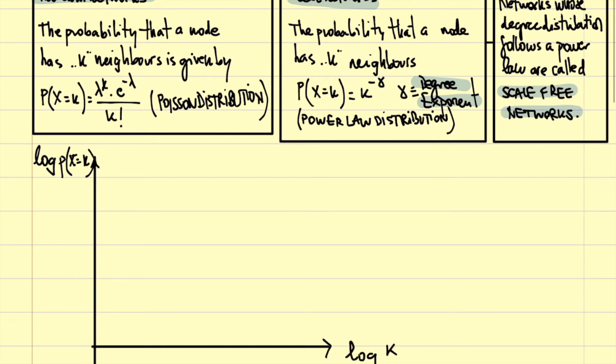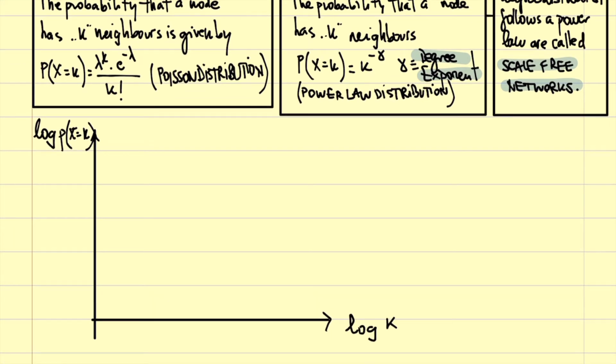Let's say this is 10 to the power of 0, 10 to the power of 1, 10 to the power of 2, 10 to the power of 3, and this is 10 to the power of 0, 10 to the power of -1, -2, -3, -4, -5, -6.